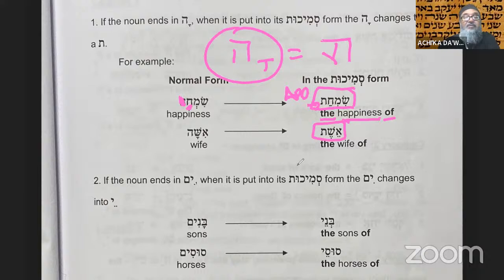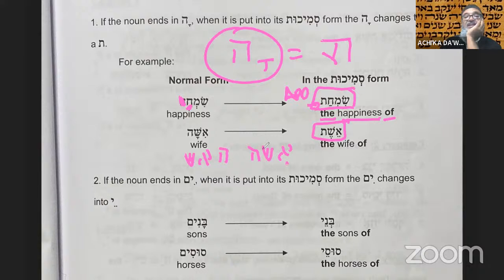I'll give you an example. If I'm going to say the wife of, I usually would say Isha, and I want her to be the wife of the man, Ha'ish.